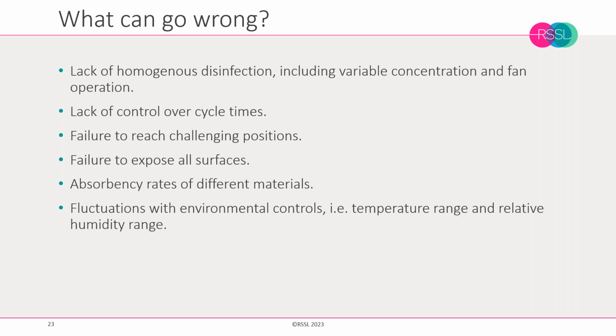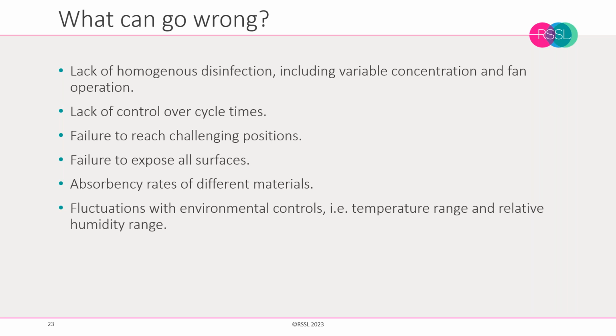We might have initial distribution, but we've got to keep distributing that for our required length of contact time. So if we want to achieve a contact time of 20 minutes, we need to consistently keep distributing that hydrogen peroxide for 20 minutes. If we have an uneven enrichment of our hydrogen peroxide vapor, then we may get microbial survivors.